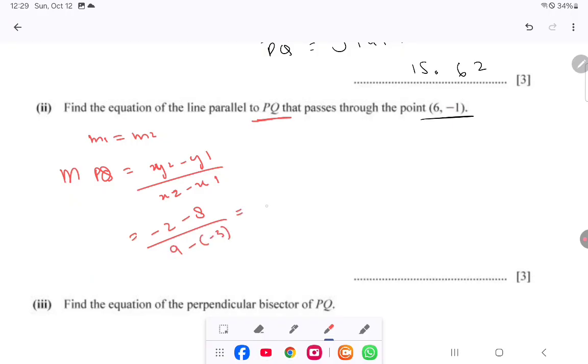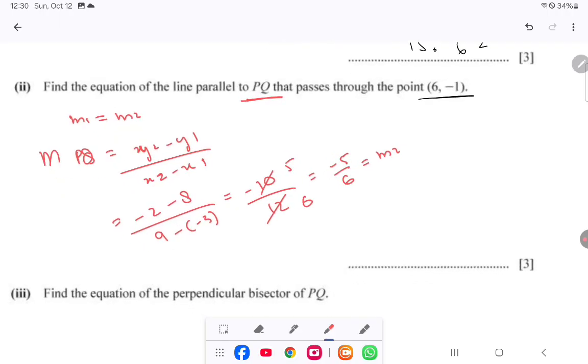Solve it further. 8 to 10, 9 minus positive 12, 10 over 12, 5 over 6. This is our slope of line PQ, and the parallel of this will be the same slope M2.